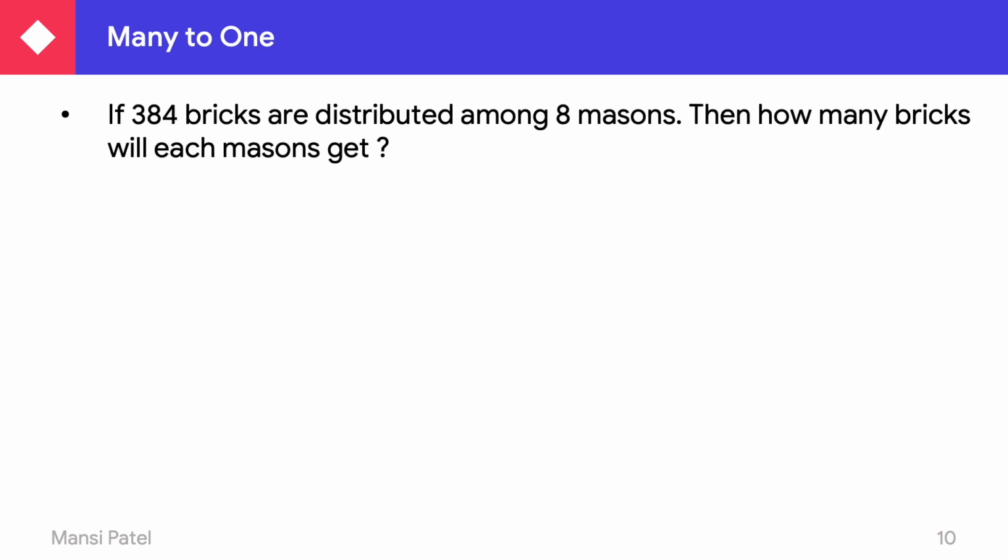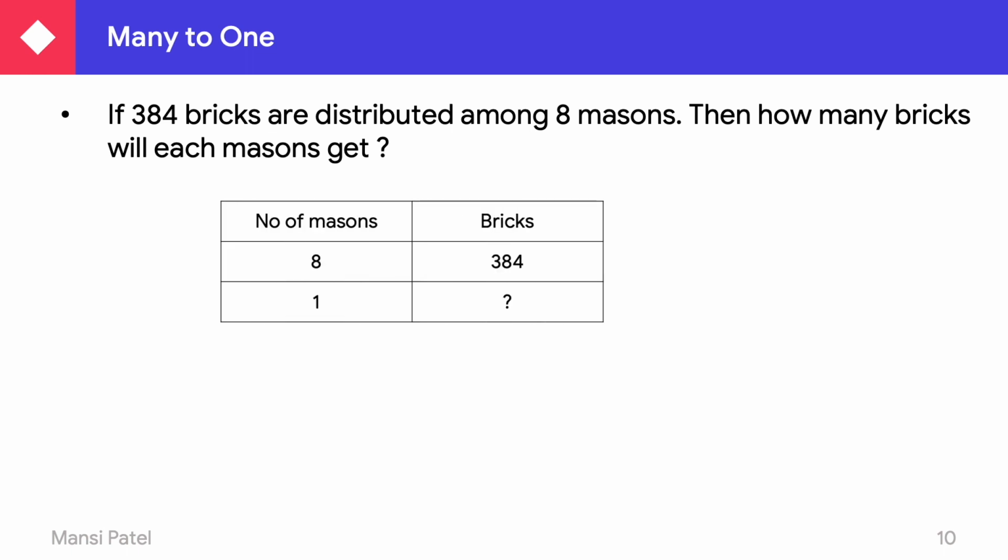Let us see some sums solved by the unitary method. If 384 bricks are distributed among 8 masons, then how many bricks will each mason get? Each means 1. Here the things given are masons and bricks. So masons were given two times.